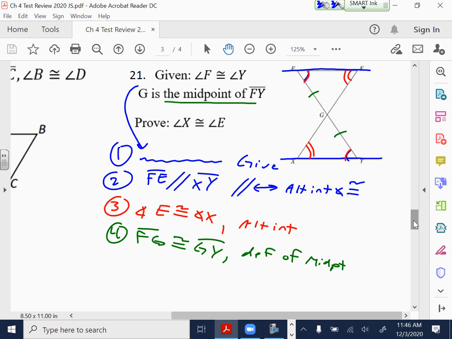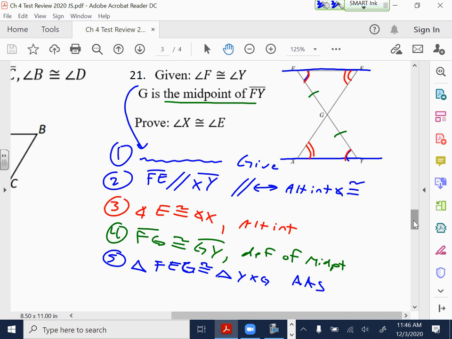So that means that the triangles are congruent. Triangle FEG congruent to triangle YXG by angle side. Hold on, sorry, got carried away.